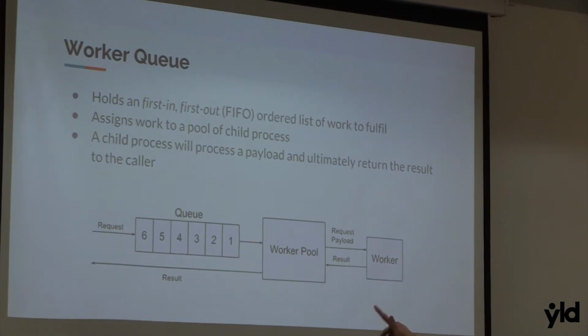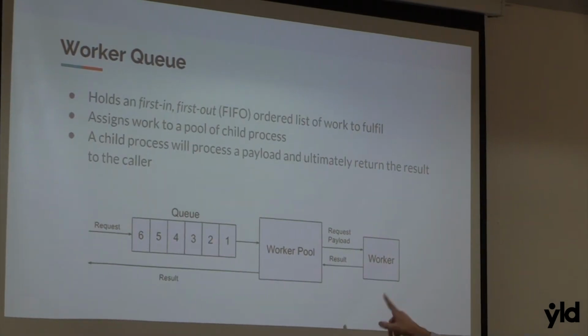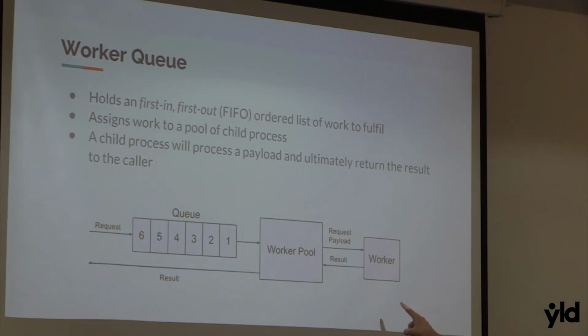And once the worker pool has a free worker that isn't processing anything, it will pull the head of the queue and pass the request to the worker with the payload. The worker will do what it needs to do based upon that payload, and once it has a result, it will send that back to the worker pool, which will then forward the result to the original caller.